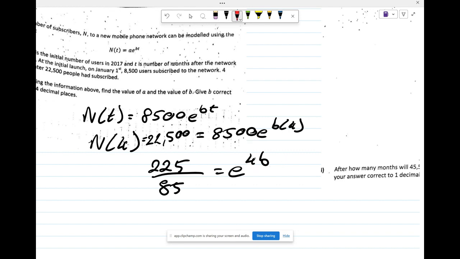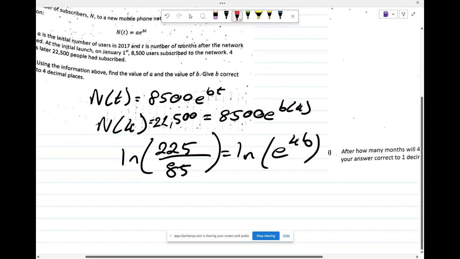Well, do you remember I was saying the opposite of raising something to a power is log, but the opposite of raising e to the power is log to the base e, which works the same in the calculator, but another way to write this is just ln. So you can do log to the base e in your calculator, or you can do ln, it really doesn't matter. So that will cancel with that.